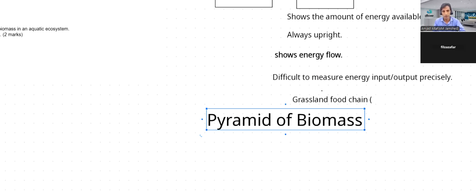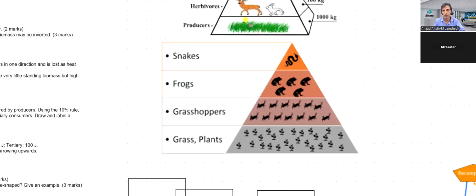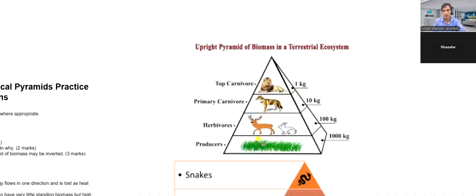This one shows the total dry mass of living organisms, and you can just compare this concept in front of you. This is the pyramid of biomass. You can see here the producers have biomass of about 1,000 kilograms. Then you have herbivores, with a dry biomass of about 100 kilograms.